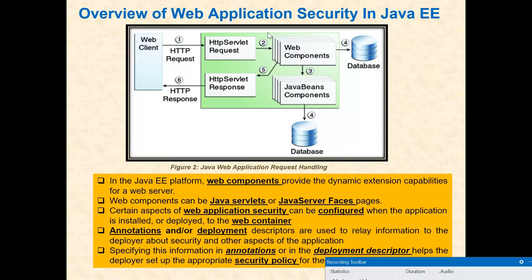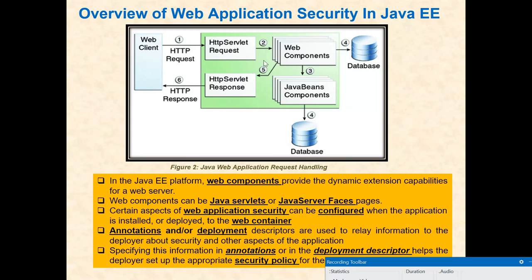Moving on, in Java EE particularly, there are two things that we need to know: the security policy. Let's say we want to implement security for a Java web application. There are two types of protection: web components, which can be a servlet, JSP, HTML, or JavaScript, and Java business components, for example EJB components.